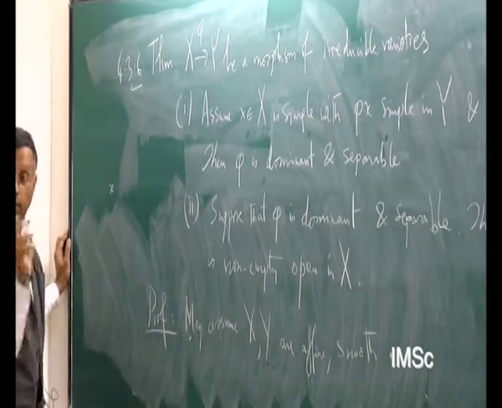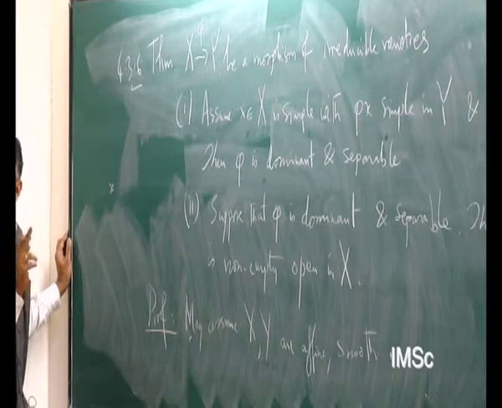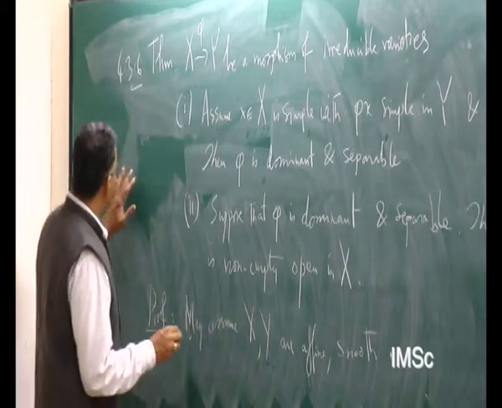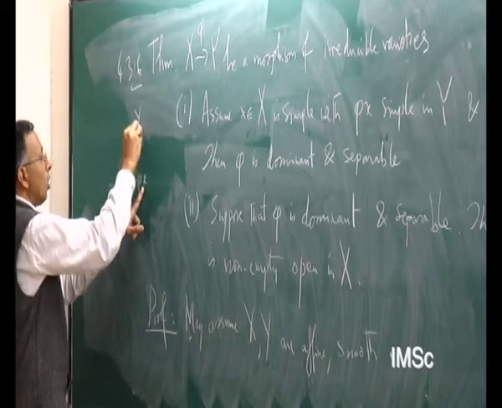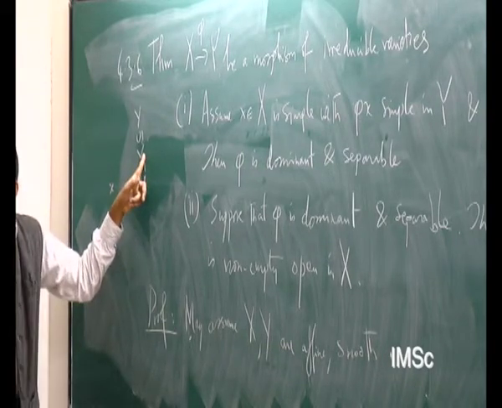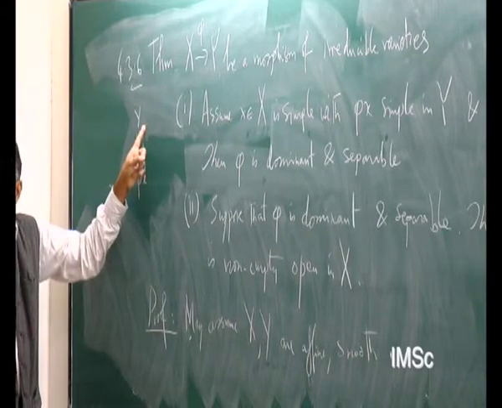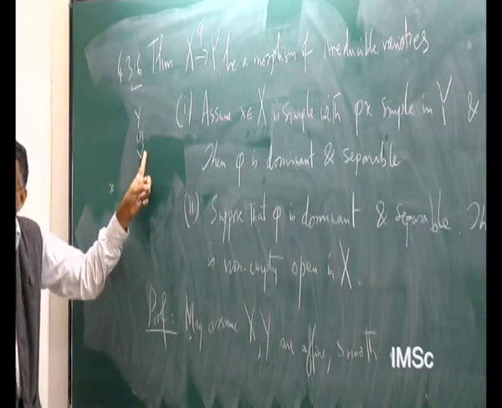Now, by whatever we have proved already, I know that the set of smooth points of X and the set of smooth points of Y are both open sets. So I can find an open affine subset V of Y which contains phi(x) and all of whose points are smooth.